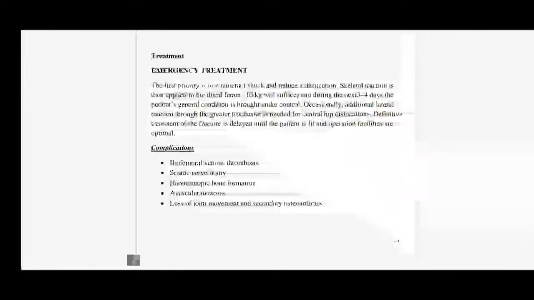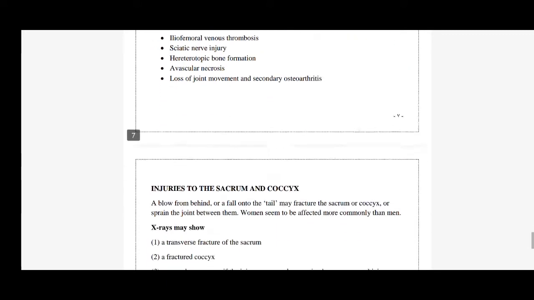Complications of acetabular injury include DVT, especially proximal venous system, iliofemoral veins, sciatic nerve injury, especially if associated with posterior hip dislocation or posterior lip injury, heterotopic bone formation due to bleeding, swelling, and extensive muscle injury, avascular necrosis, especially in neglected posterior hip fracture dislocation, loss of joint movement, stiffness because of intra-articular injury, and secondary osteoarthritis.